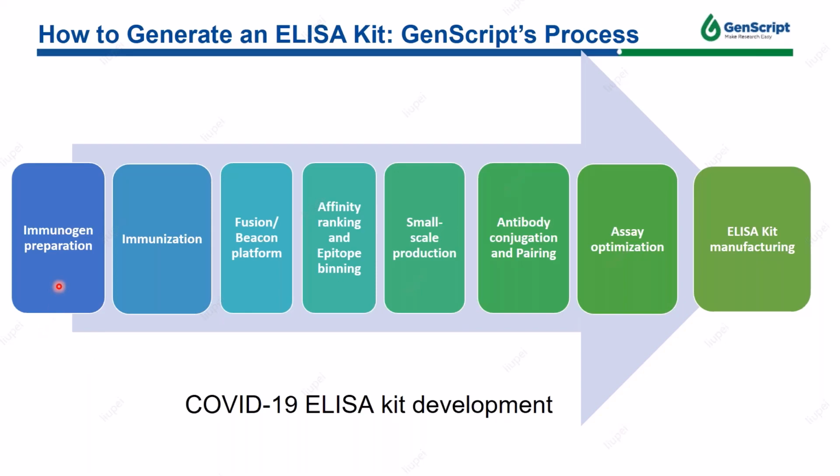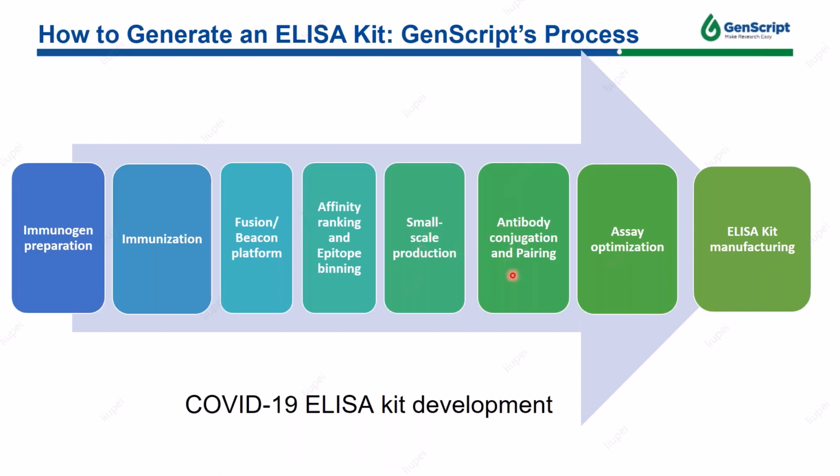When the project comes in, we will design and prepare the immunogen, and after immunization and fusion, we will get many ELISA positive clones. We will do the affinity ranking and epitope binning, and we will select the top 5 clones to do a small scale production.